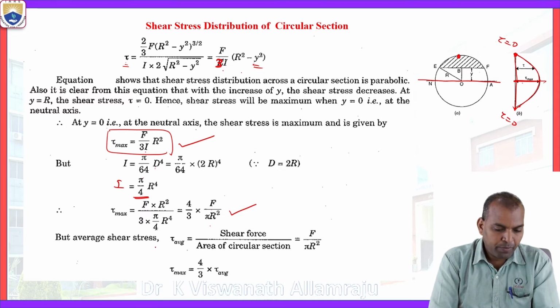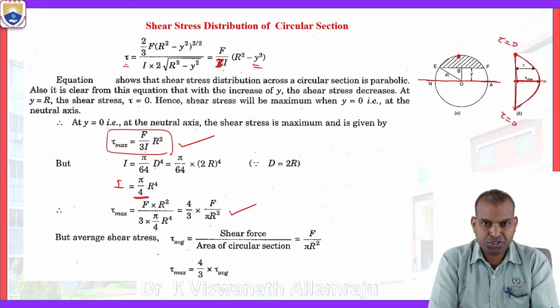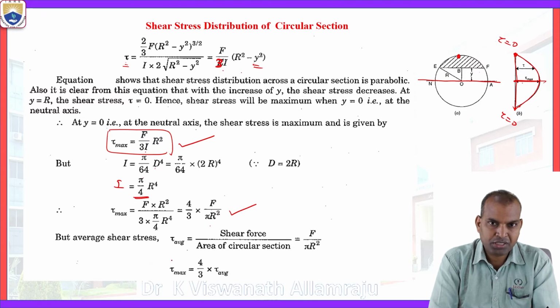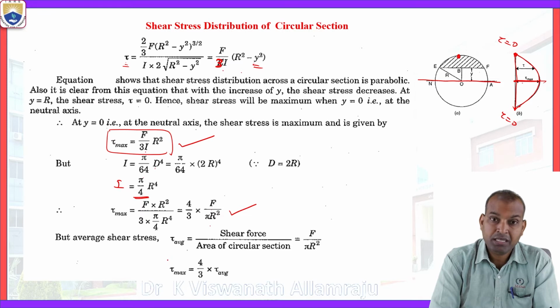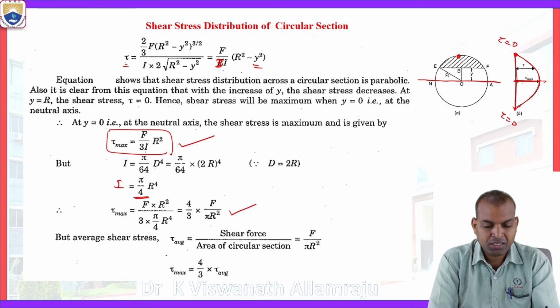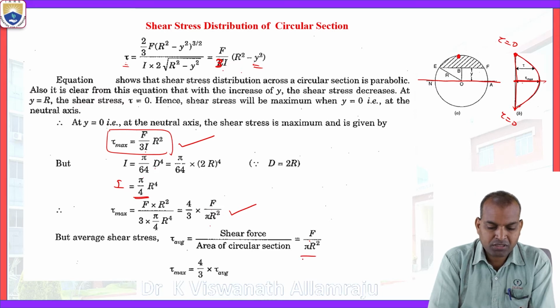Now, F by pi r square, what is it? It is the average shear stress. Average shear stress equals shear force by area of the circular section. The shear force is F and the area is pi r square. This F by pi r square is nothing but the average shear stress.